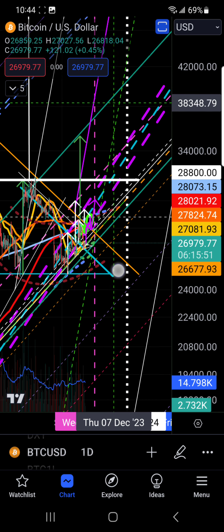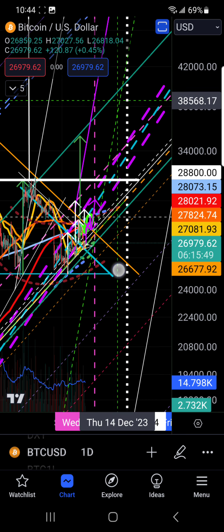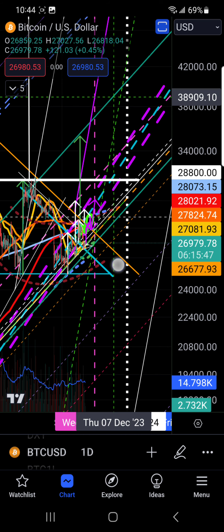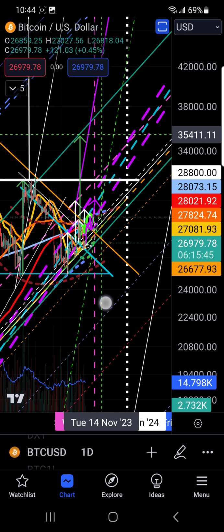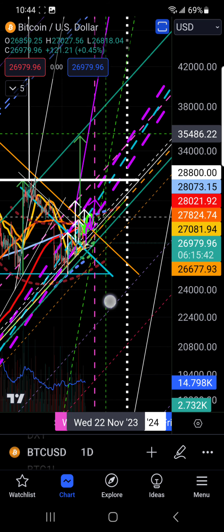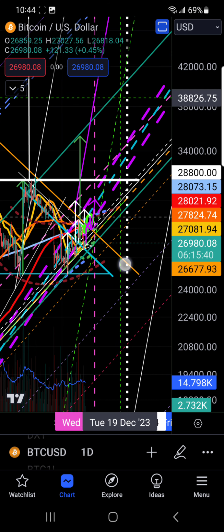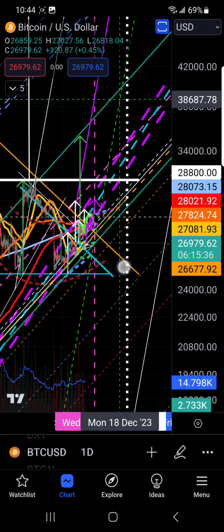I've been looking at 37, 38 for our next range, where we quickly move up to. Maybe this would act as support here, 35 something, and the top of the range would be around 38 or so.